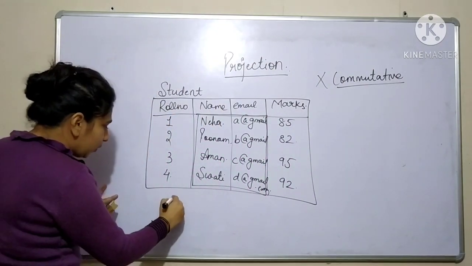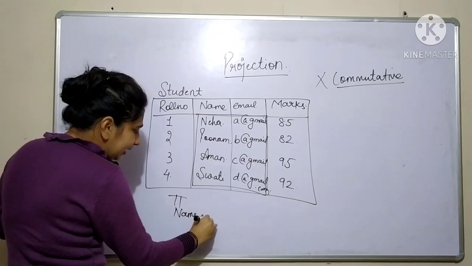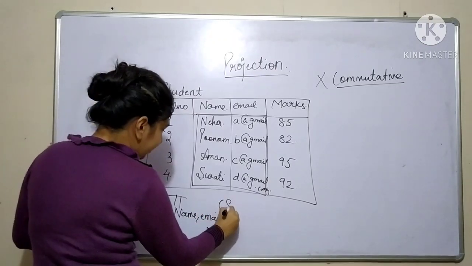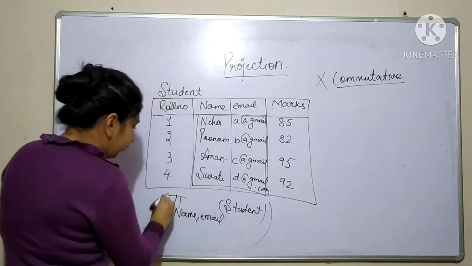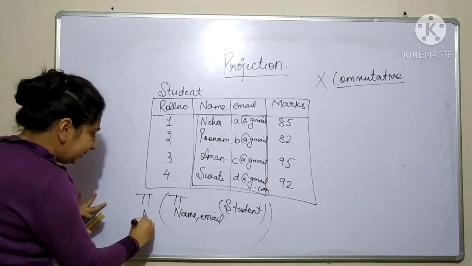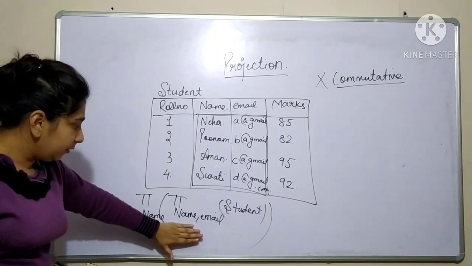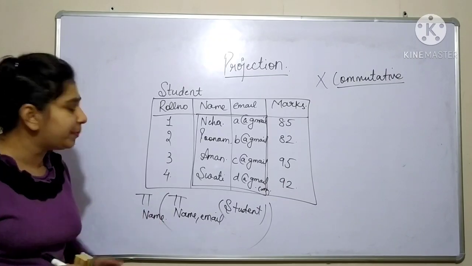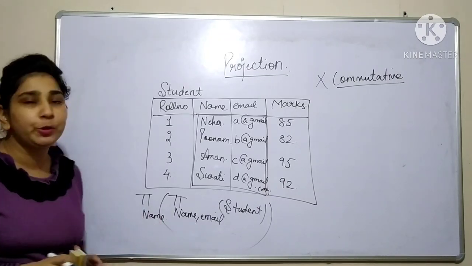Let's suppose firstly I want to project the name and email ID of the relation student. Then further I want to project the name. Consider these two projection operations; tell me what is going to be the output.